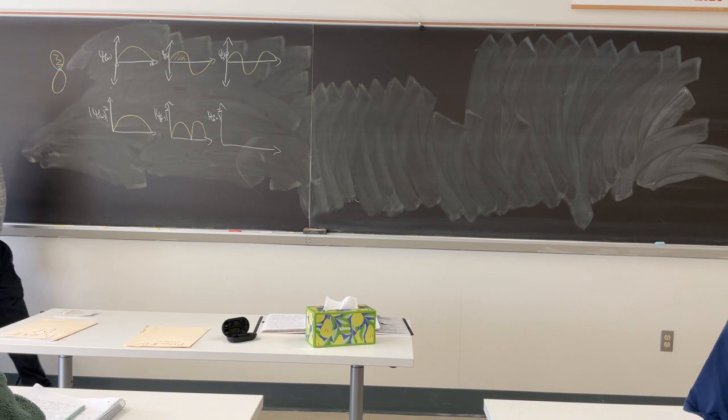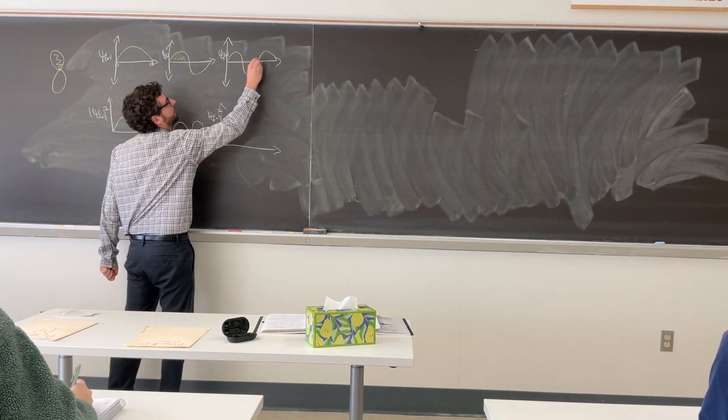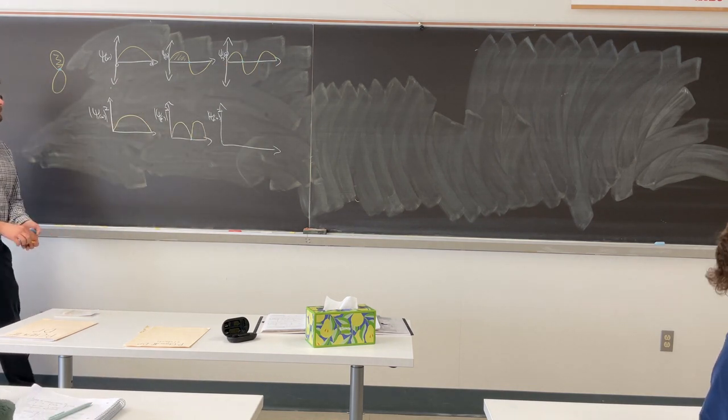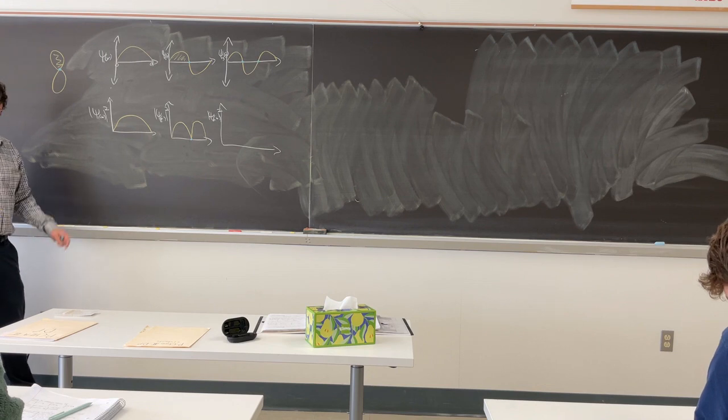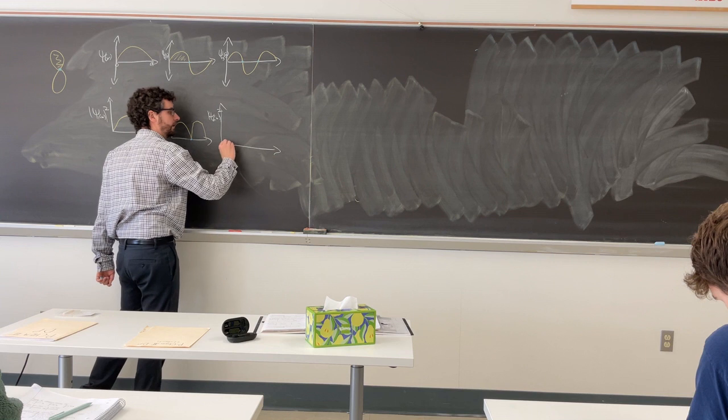Okay, how many nodes? 2. Yeah. Some people might consider it 3 from the ends, but that's fine. Okay, what does the probability distribution function, or excuse me, what does the probability look like? Yep.